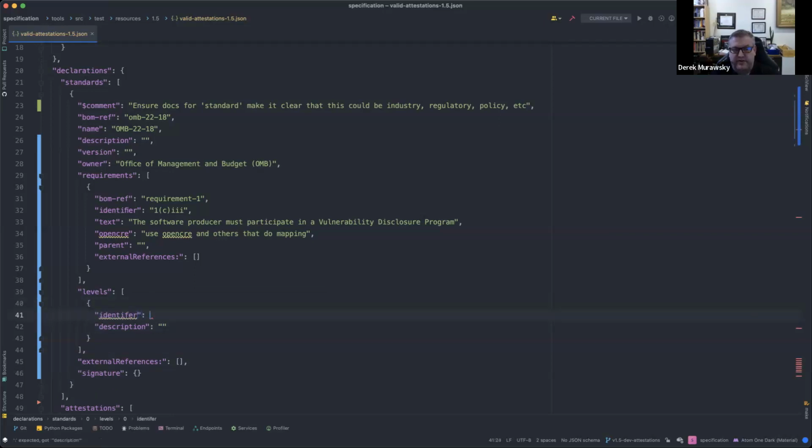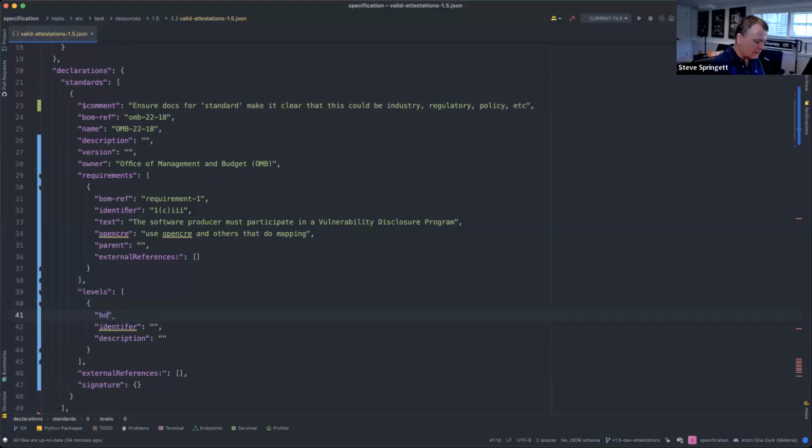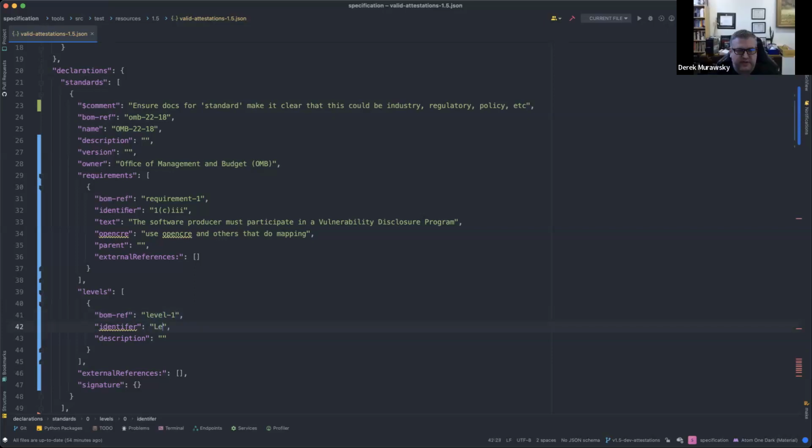Because we might want to refer to this someplace else in the document. I don't know if we would or wouldn't. Right. Okay. And then below that would be an array of requirements to meet the level.